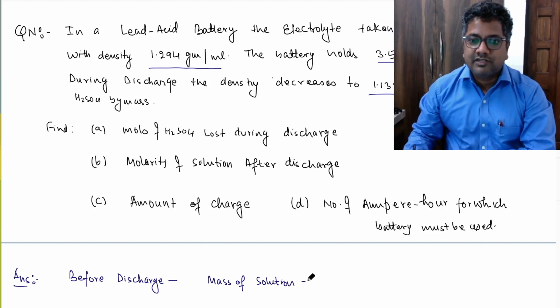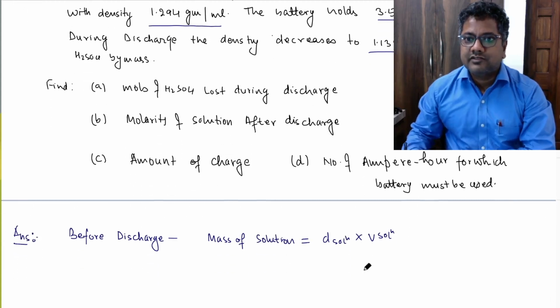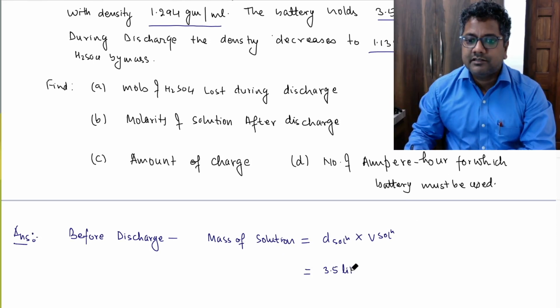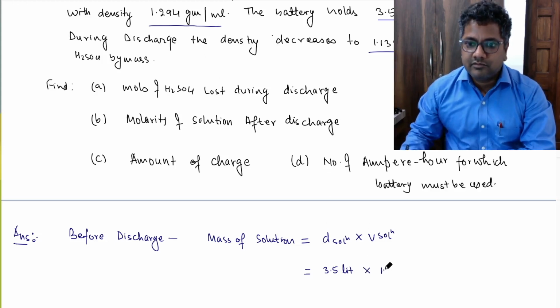So mass of solution is equal to density of the solution times volume of solution. The volume of solution is 3.5 liters, multiplied by 1.294 grams per ml.